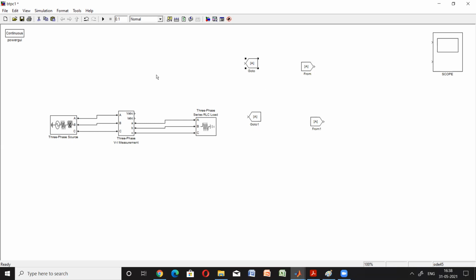I will take the Goto blocks near VABC and IABC. Now connect VABC with the Goto and IABC with Goto 1, and connect the From blocks with the first port and the second port.